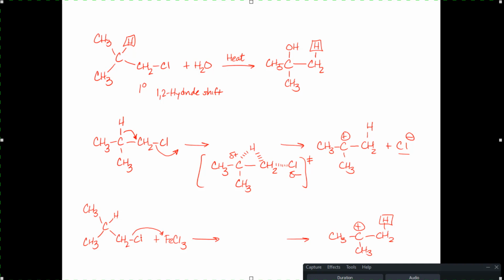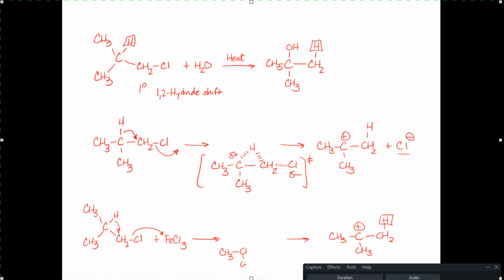And then they wanted to argue with me about that, and I said, okay, fine. We'll make that a post-lab question. Show me how you get from the isobutyl chloride to the tertiary carbocation. And that's exactly how it would happen. The hydrogen would shift, the chlorine would leave, being grabbed by the iron.